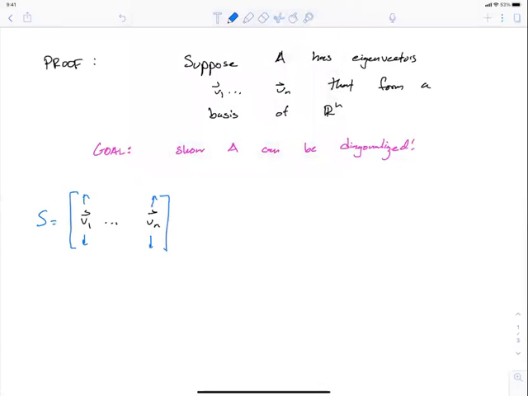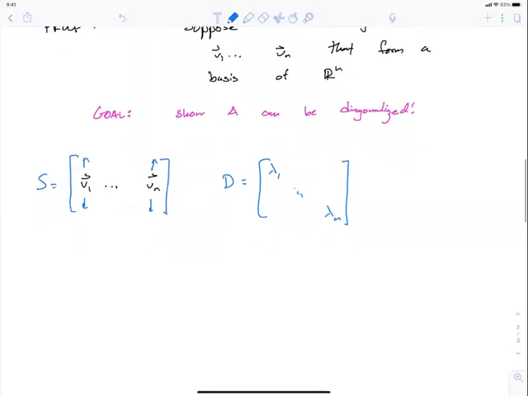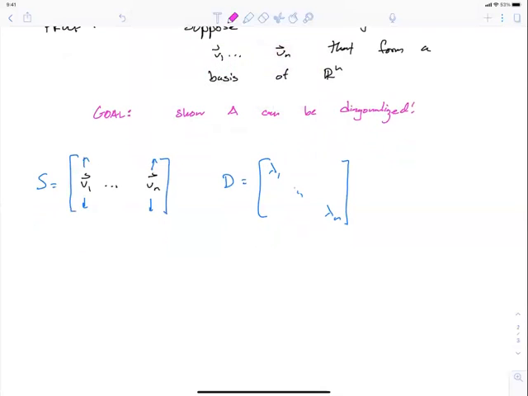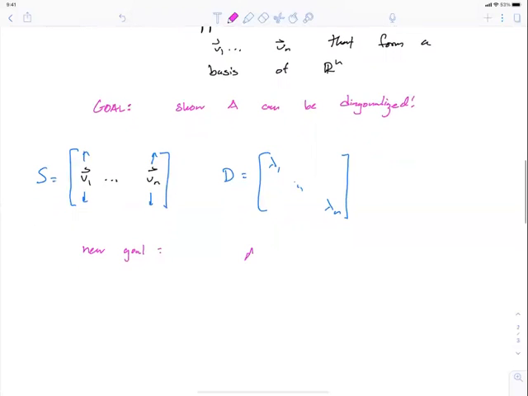We're just going to let D be the diagonal matrix of the corresponding eigenvalues. And now our new goal is to show that A is equal to SDS inverse.